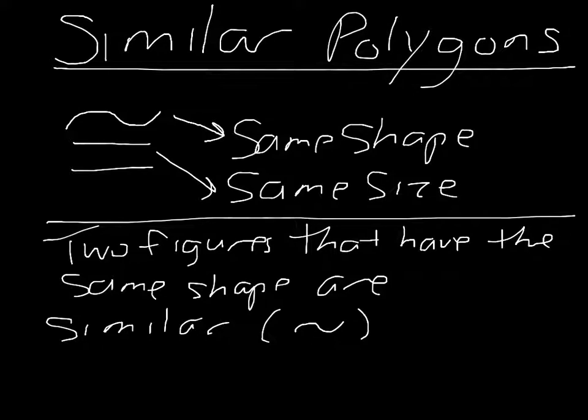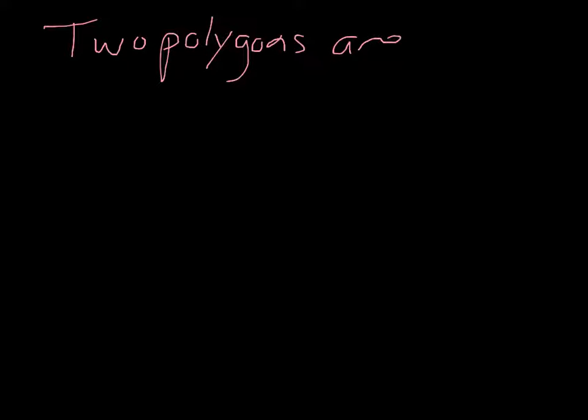Now, there's a little bit more. We say that two polygons are similar if, and there are two conditions.